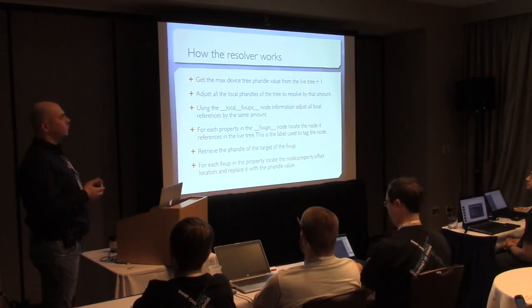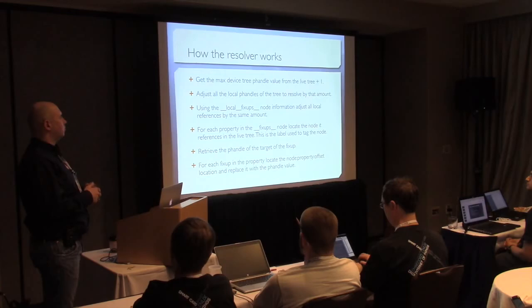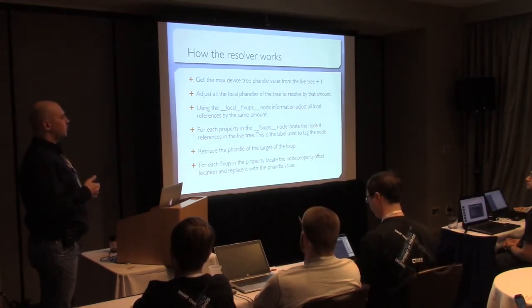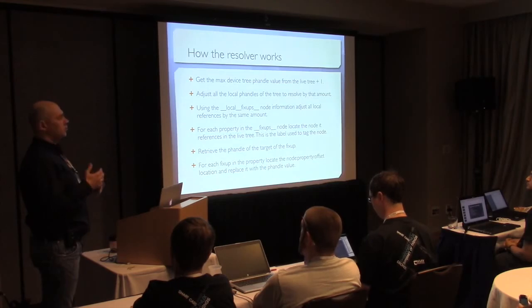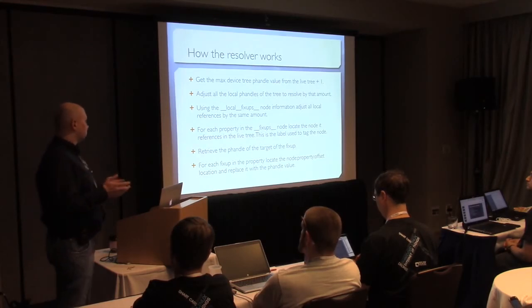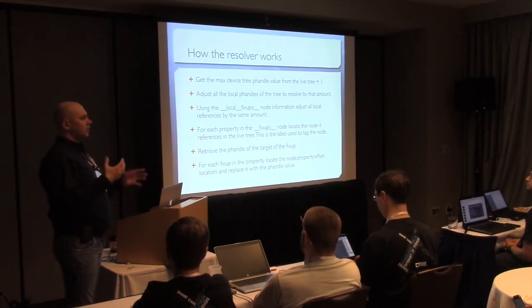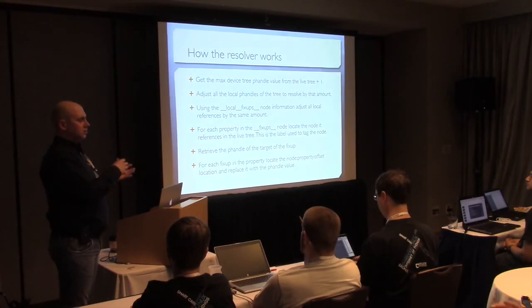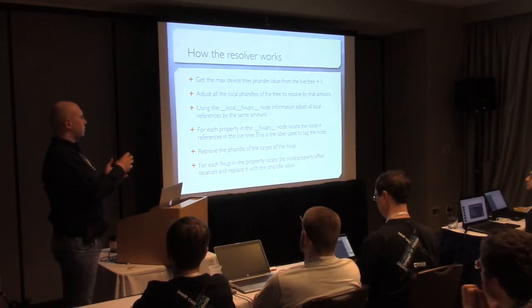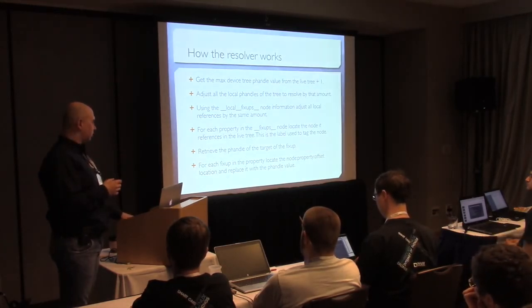You adjust all the local phandles of the tree that you want to insert by that amount. And for each property in the fixups node, you locate the node it references in the live tree, and you perform the fixup. And that's it. So now you have a new device tree inserted, and all the phandles are now correct.